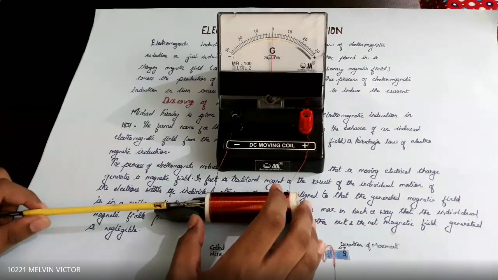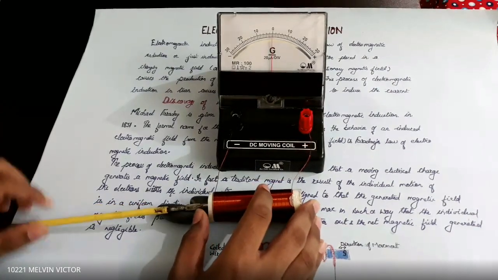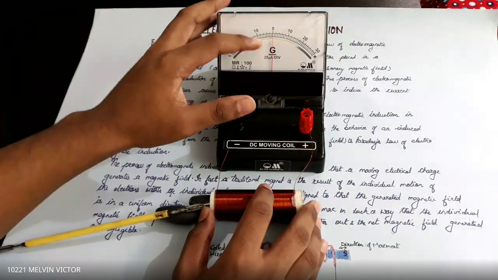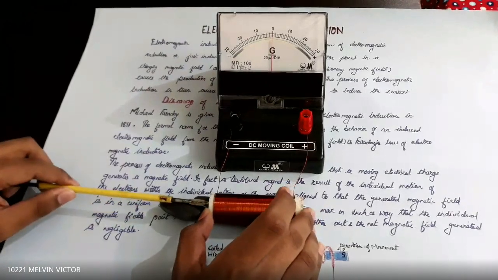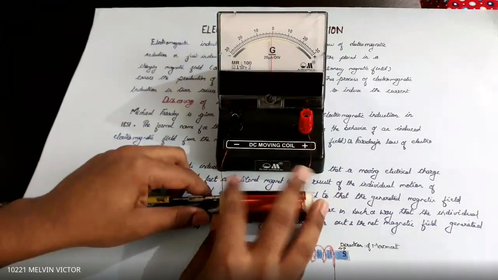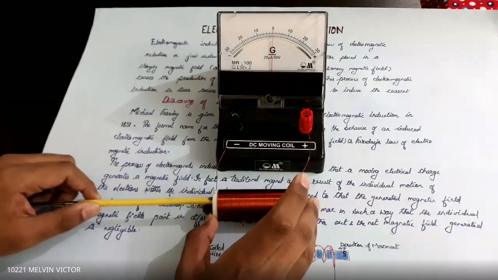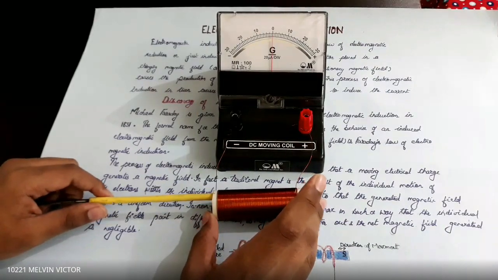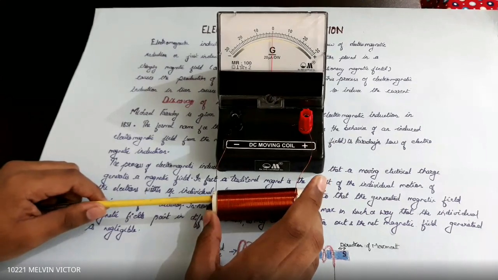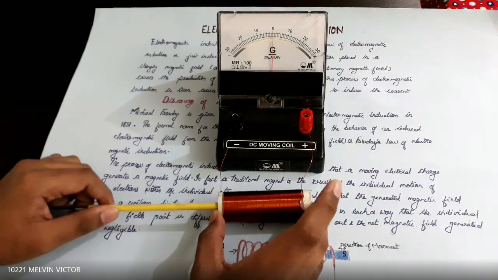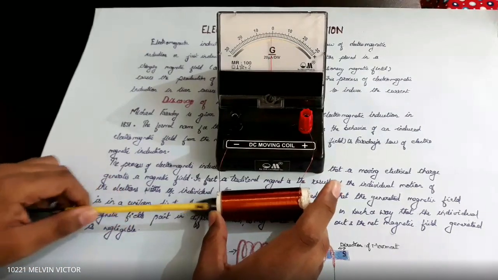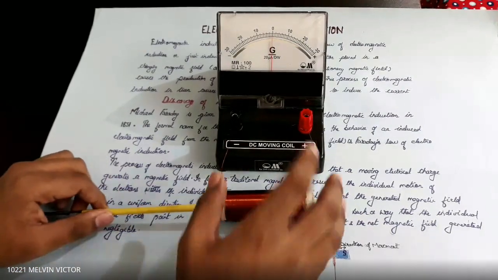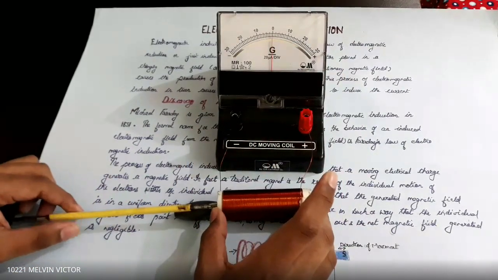Now coming on to my project. We can see that the reading is at 0, and in the coil I'm going to move the magnet. When the magnet is stationary, we can see there's no current produced. As I start to move the magnet, the galvanometer shows deflection.